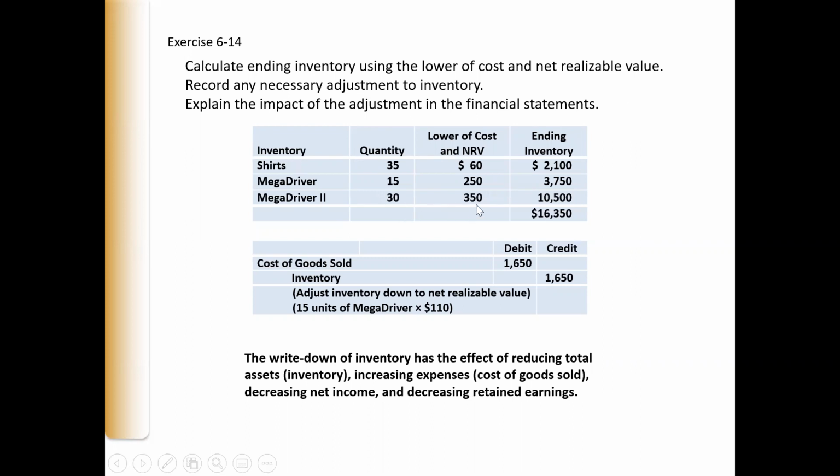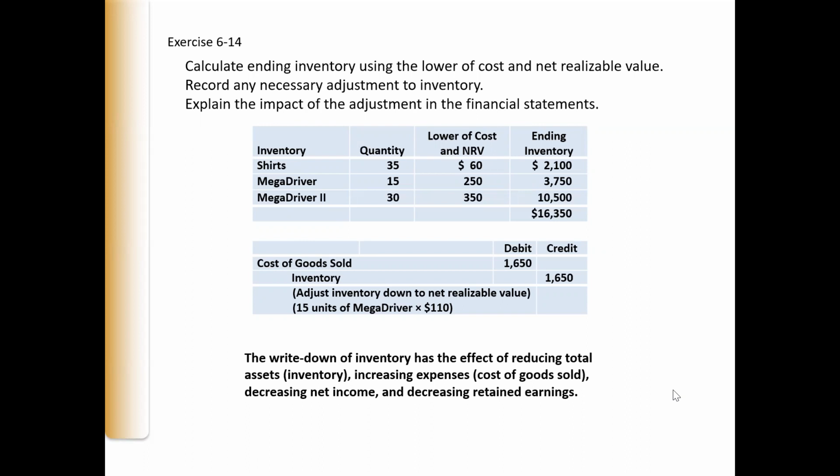And the Mega Driver 2 is at 350. So you see our ending inventory sitting at 16,350. The way we need to adjust it is write down the Mega Driver the difference between the cost and the net realizable value. We need to debit cost of goods sold and reduce our inventory.